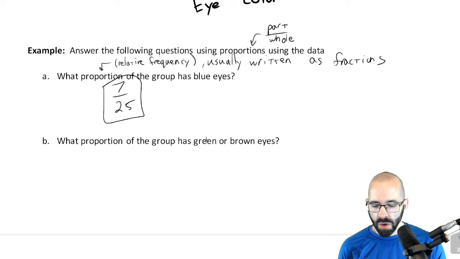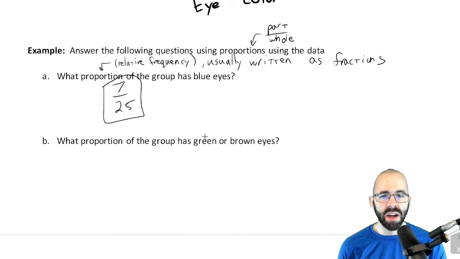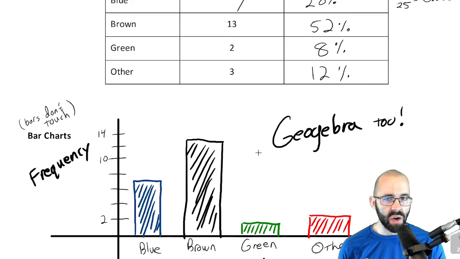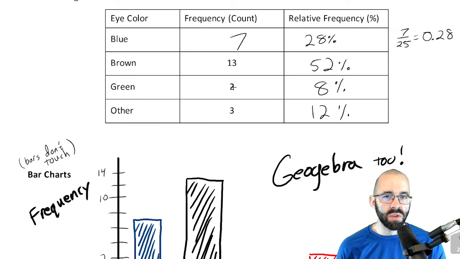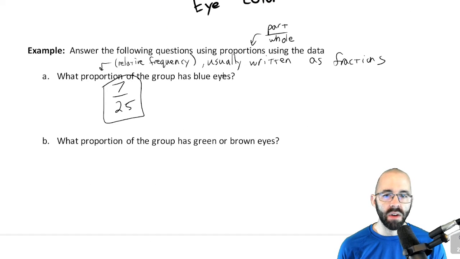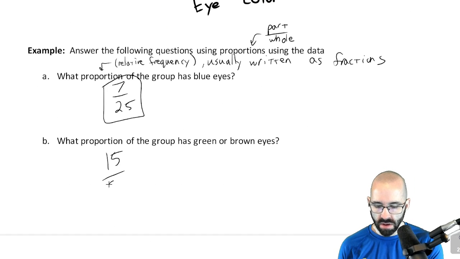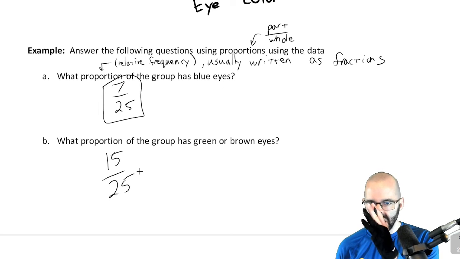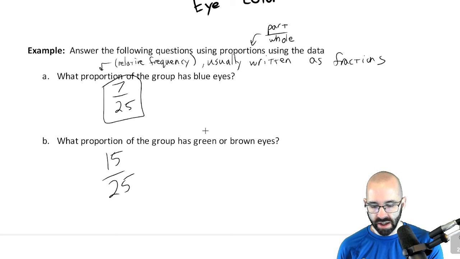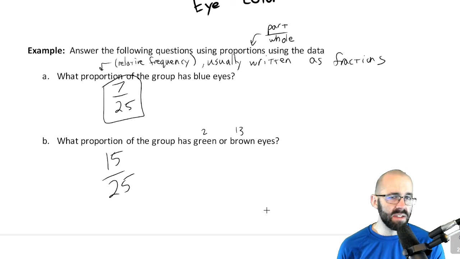And then, B is a little different. What proportion of the group has either green or brown eyes? Well, 2 had green, 13 had brown, so 15 people had either green or brown. So that's 15 out of 25. But this isn't our final answer.